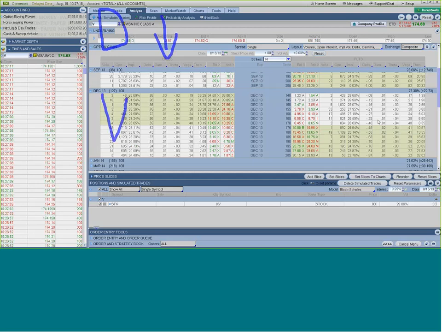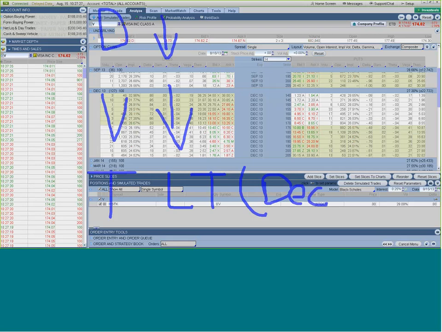Volatility, I'm bearish. Time horizon, long-term, December. I'll ask all of you, what is the appropriate option strategy? A call or a put, buy or sell? We already know what the time is.